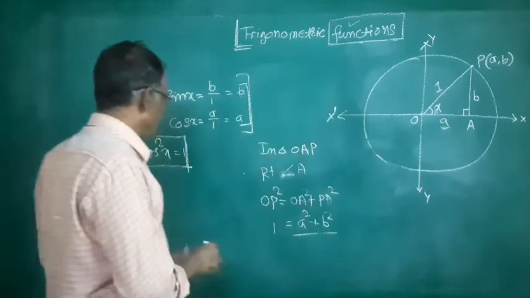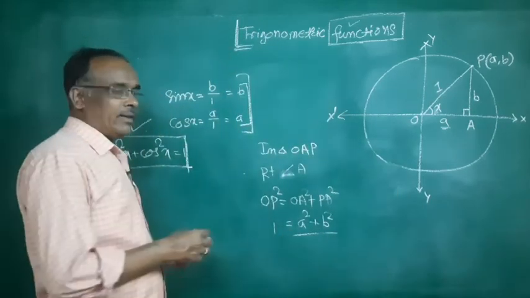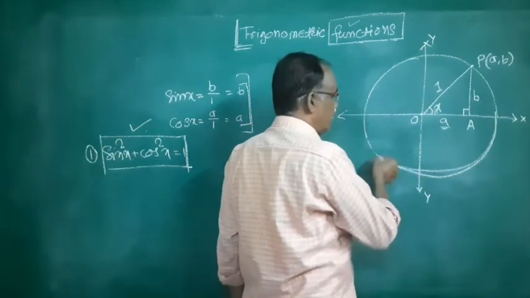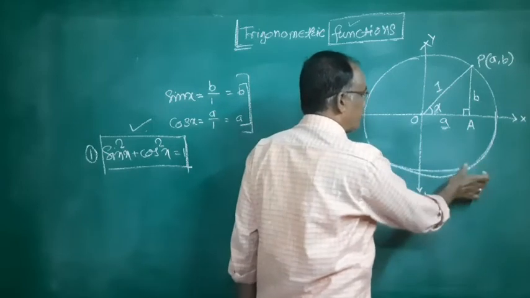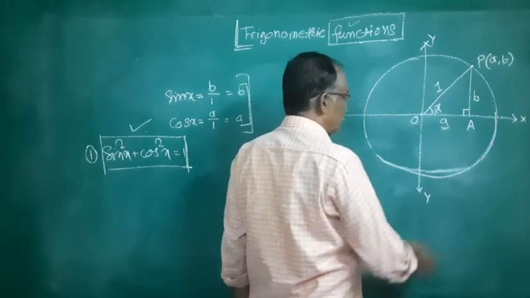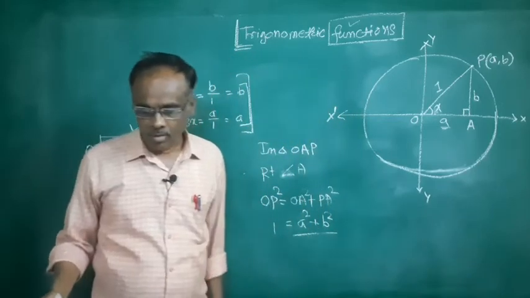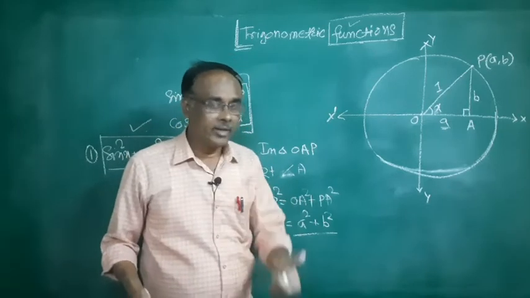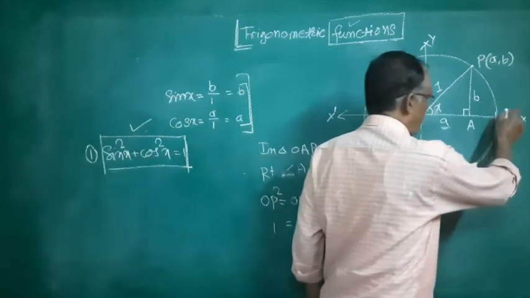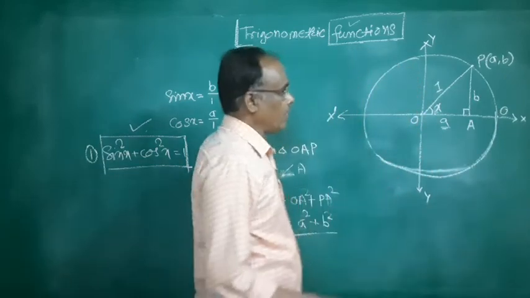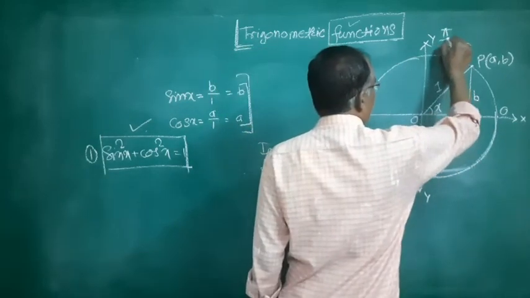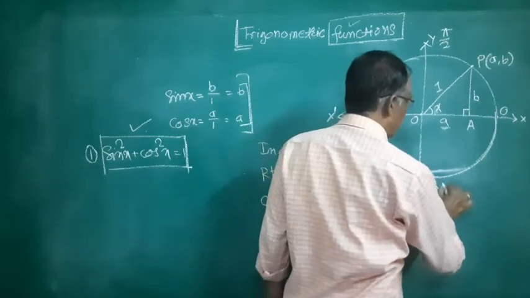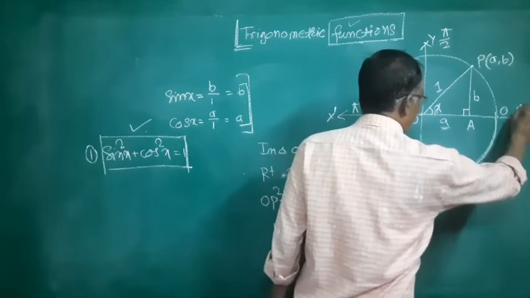And now we extend the angle. In the earlier exercise we studied angles in radian terms: zero angle, pi by 2, pi, 3 pi by 2, and 2 pi.